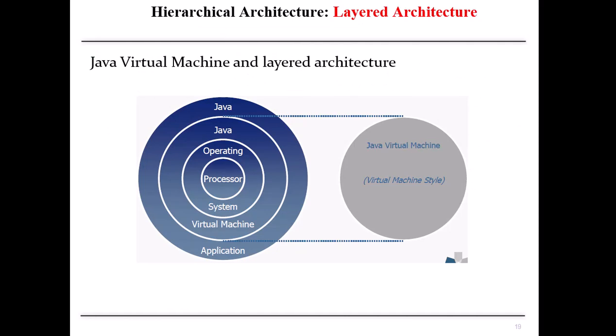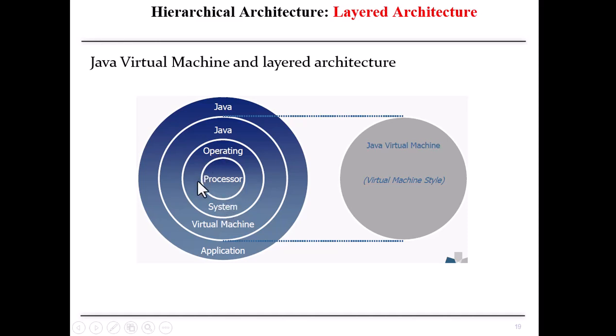Java virtual machine and layer architecture. The Java virtual machine is also implemented on the layer based architecture. Here we have a Java application installed, libraries are installed, an operating system and a processor, and we have this system.